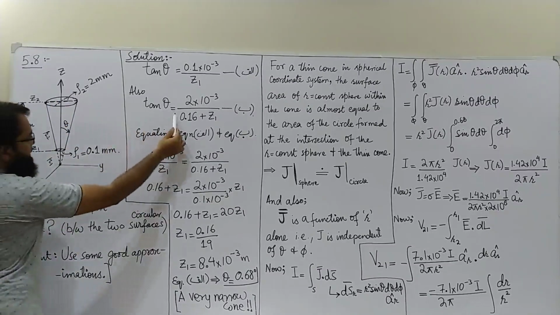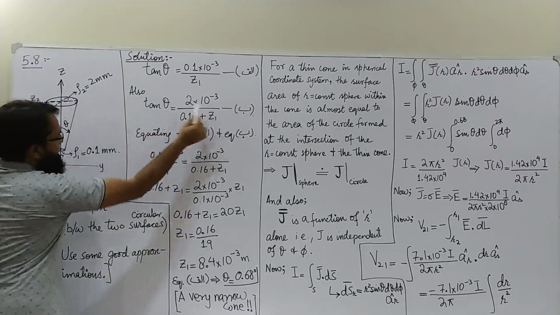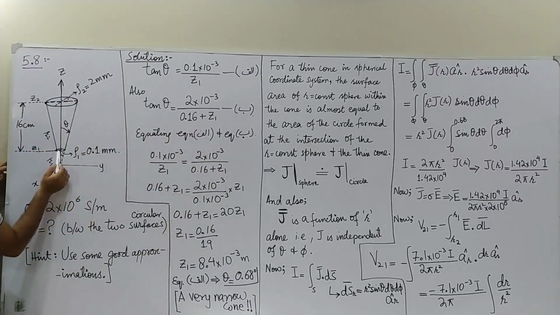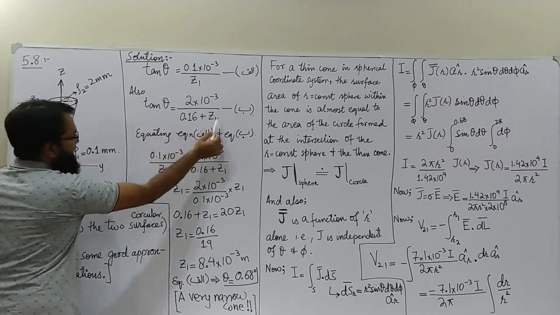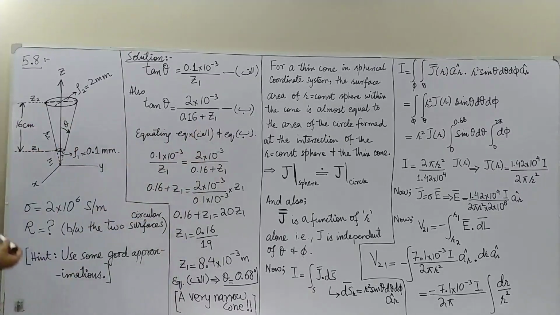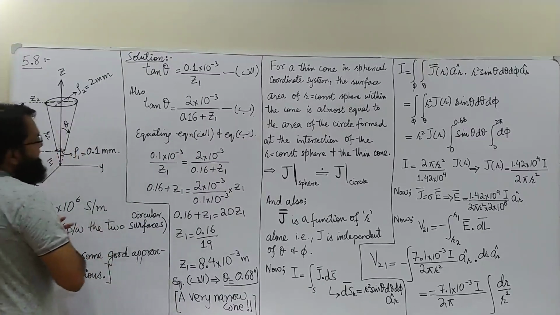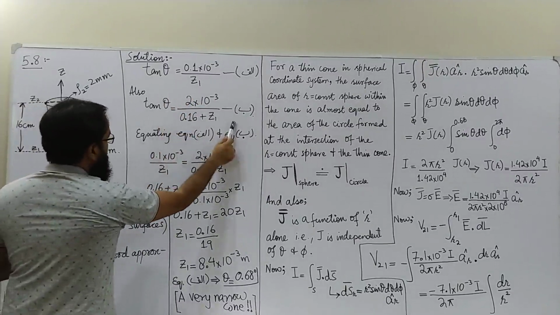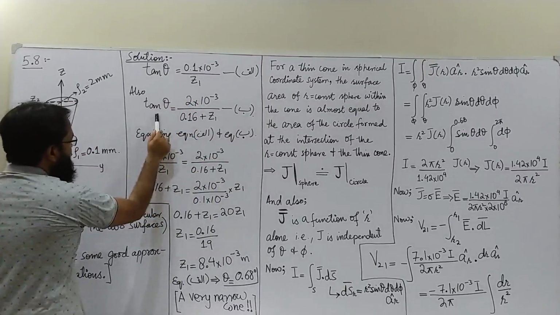So tangent theta is equal to rho 2, which is 2 millimeter, divided by z2, which is nothing but z1 plus 16 centimeters. I'm converting all the values into the SI system, the international standard. Okay, so this is equation number Aleph, equation number B. Both are tangent theta.